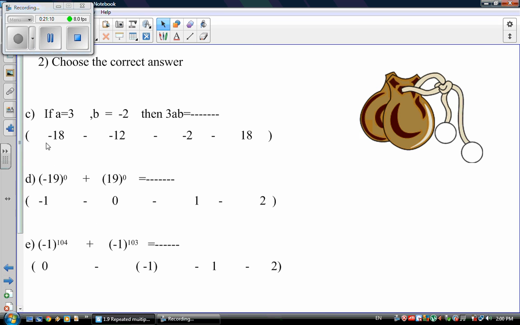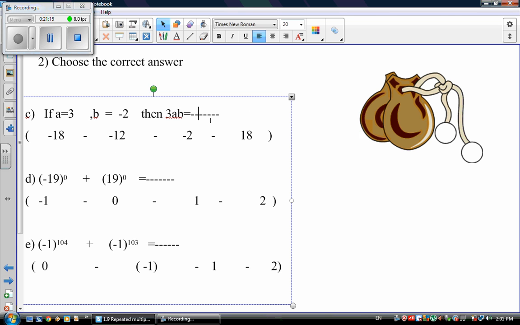Let's solve this exercise. Here, number A: if A equals 3 and B equals negative 2, then find the value of 3AB. 3AB means 3 multiplied by the value of A, which is 3 as shown here.